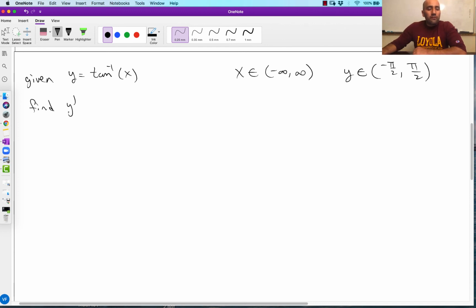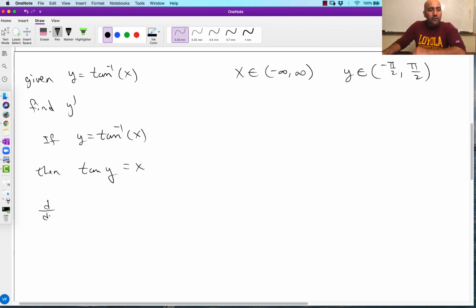All right, so we want to find y prime. So if y is equal to tangent inverse of x, then it must be true that tangent of y is equal to x. Good. So now that we have it like this, we're going to take our derivative.